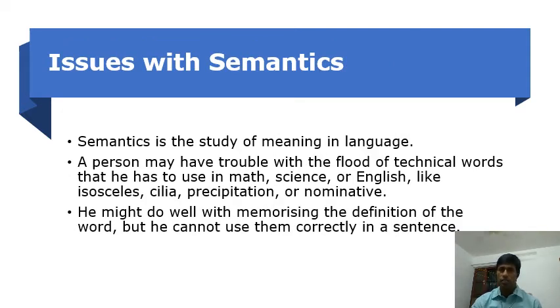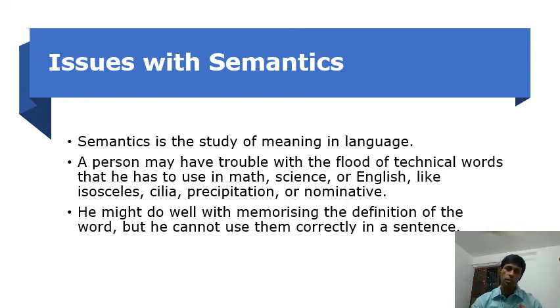Issues with semantics. What is semantics? Semantics is the study of meaning in language. A person may have trouble with a flood of technical words that he has to use in mathematics, science or English, like isosceles, triangle, cilia, precipitation or nominative. Precipitation from science class, cilia from biology class, isosceles from mathematics class.